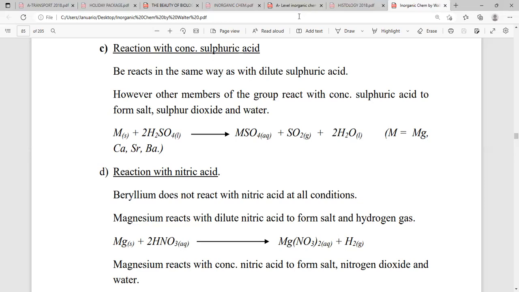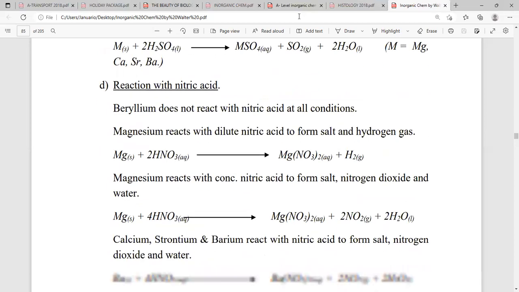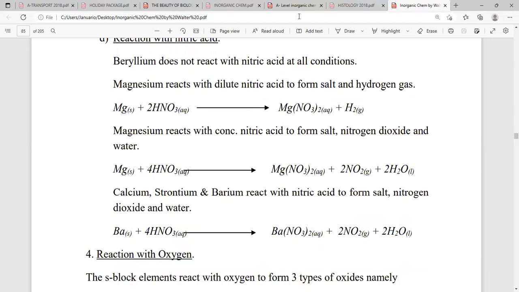With nitric acid, we find that beryllium does not react with nitric acid under any conditions, but magnesium reacts with dilute nitric acid to form magnesium nitrate and hydrogen gas. So a nitrate salt is formed along with hydrogen gas, and with concentrated nitric acid, the reaction is the same as with concentrated sulfuric acid.